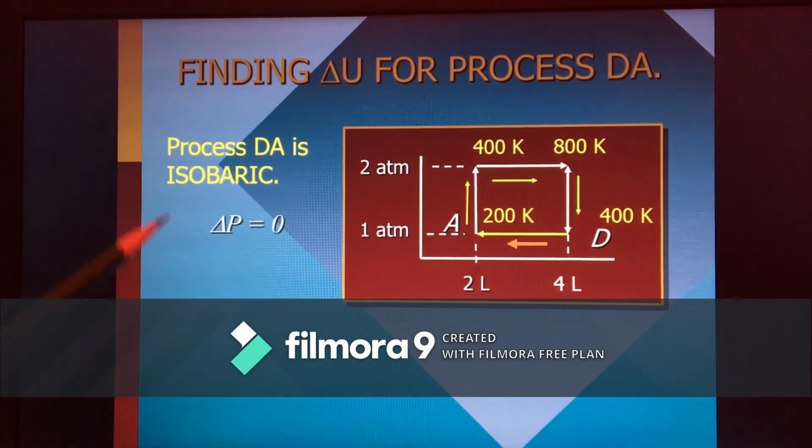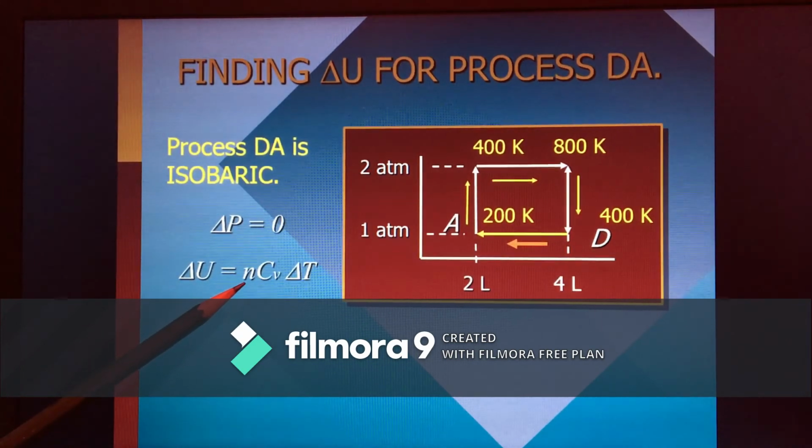For an isobaric process, delta P is equal to 0. So from the relationship that delta U is equal to the product of the number of moles times the specific heat at constant volume times delta T.